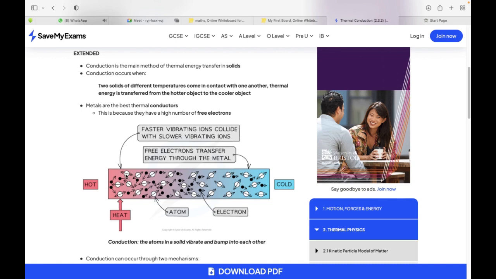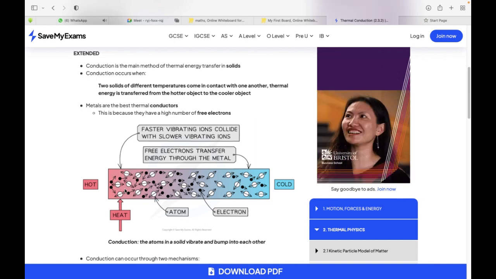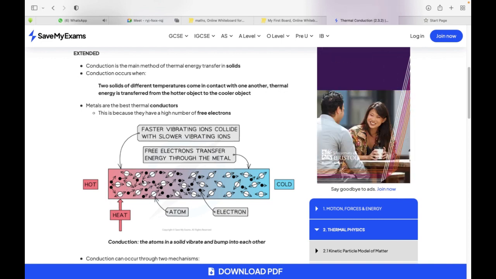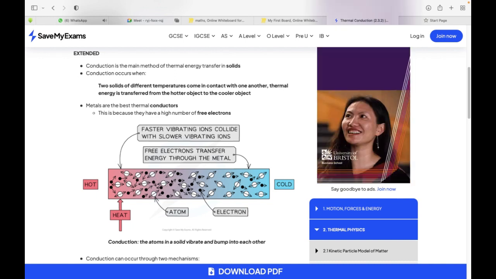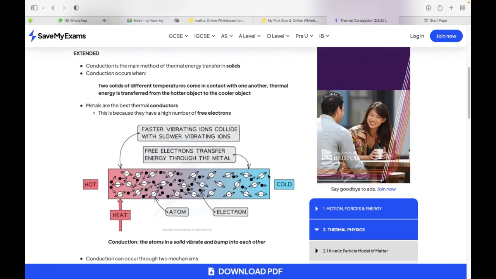That's what is happening here, because you're heating it. The ions that get heated up quickly vibrate and collide with the other ones, and then the heat gradually gets spread. It's spreading on this surface till it gets to the other end.